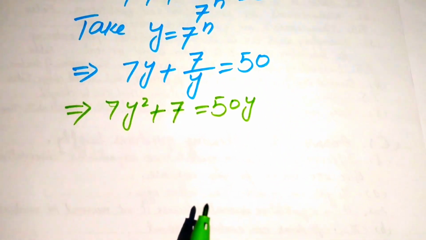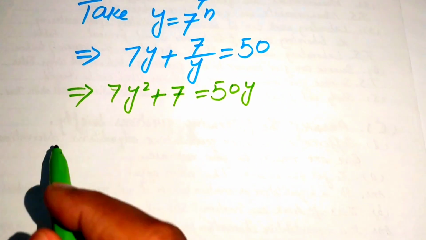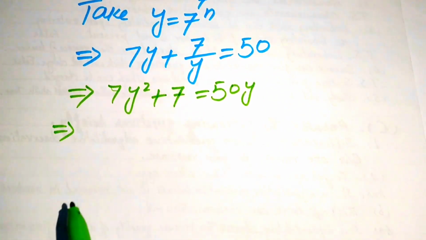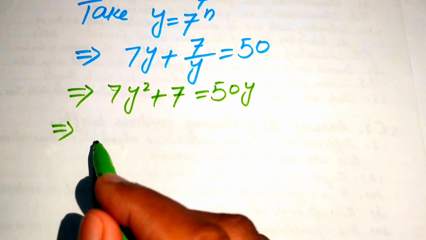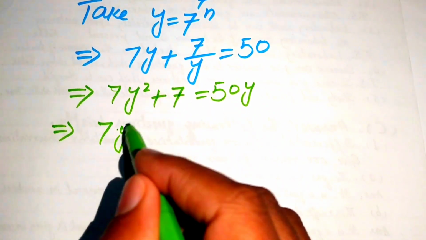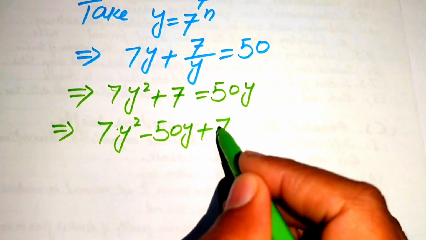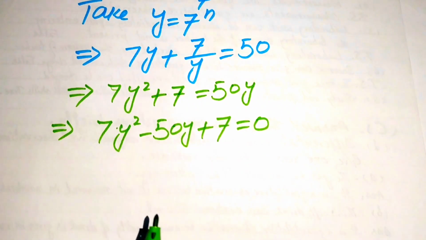So this becomes a quadratic form, and now we easily make the factors of this equation and move towards the solution. So first we move this 50y to the left hand side and we have 7y square minus 50y plus 7 equals 0.